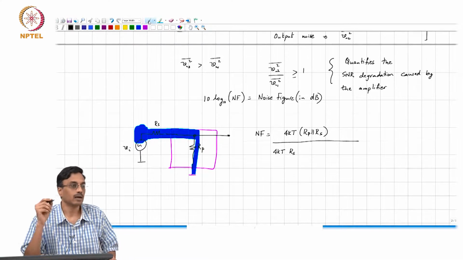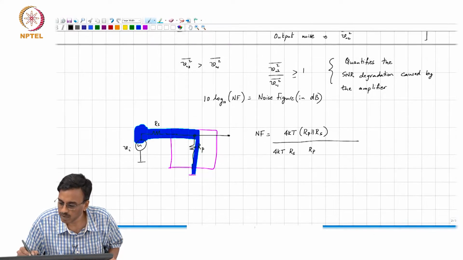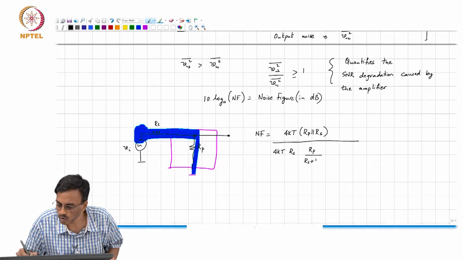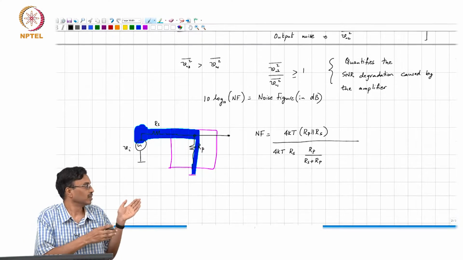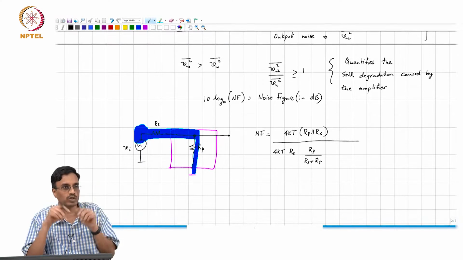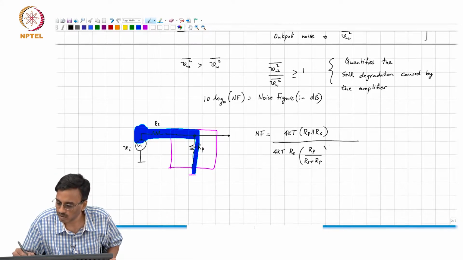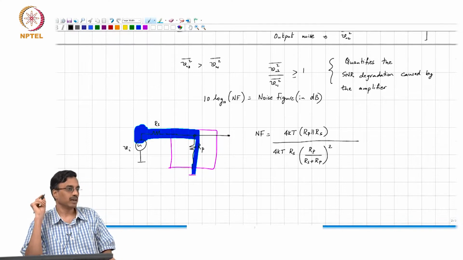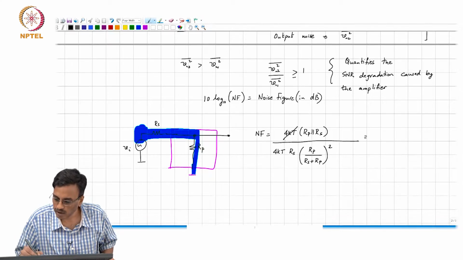Rp by Rs plus Rp. So, what should I do? The noise spectral density is going through within quotes a gain. So, we have to multiply by the gain square, correct, and therefore, the 4 kT goes away.